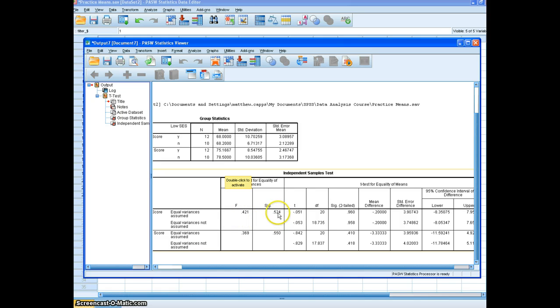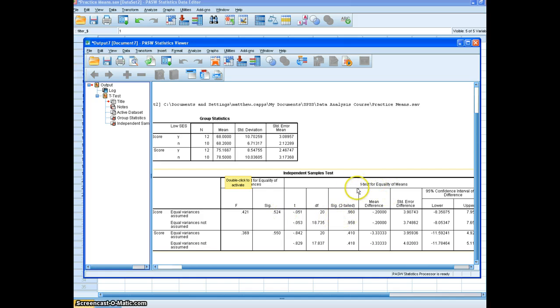As long as this number is greater than 0.05, we stay on this line. We can assume that the distributions are the same. Same thing here. We can assume the distributions are the same. If they're not, then we have to drop down to this line. So in this case, the distributions are considered to be pretty close to the same.